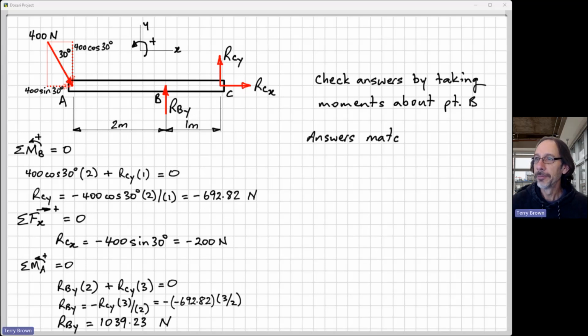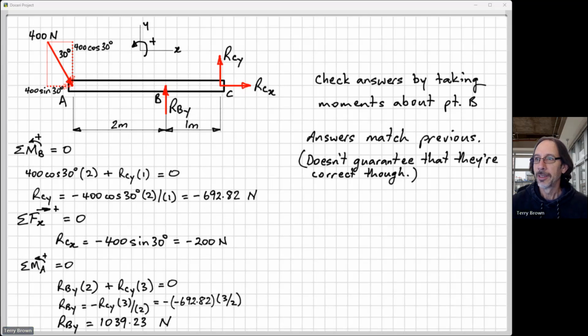So our answers match what we got before. That doesn't guarantee they're correct, especially if you've used the same free body diagram, because if the free body diagram is wrong, you've just redone the equations of equilibrium and the algebra and matched two incorrect answers.